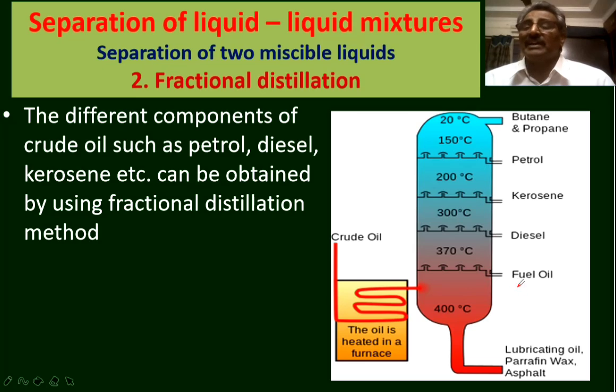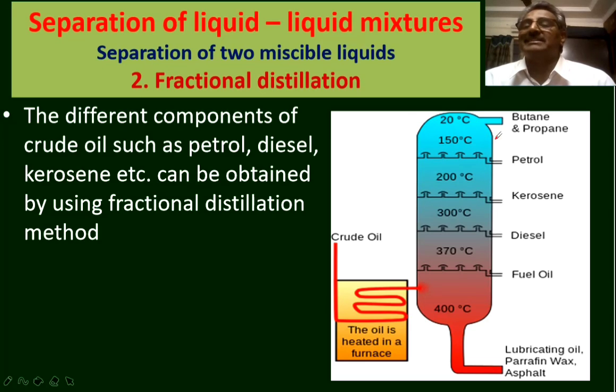The fuel oil condenses at the temperature 370 degrees Celsius, diesel condenses at 300 degrees Celsius, kerosene condenses at 200 degrees Celsius, petrol vapors condense at 150 degrees Celsius. At 20 degrees Celsius, that is at the topmost position of the fractionating tower, the butane and propane remain in the gaseous state, and these gases are collected separately and stored in cylinders under high pressure.